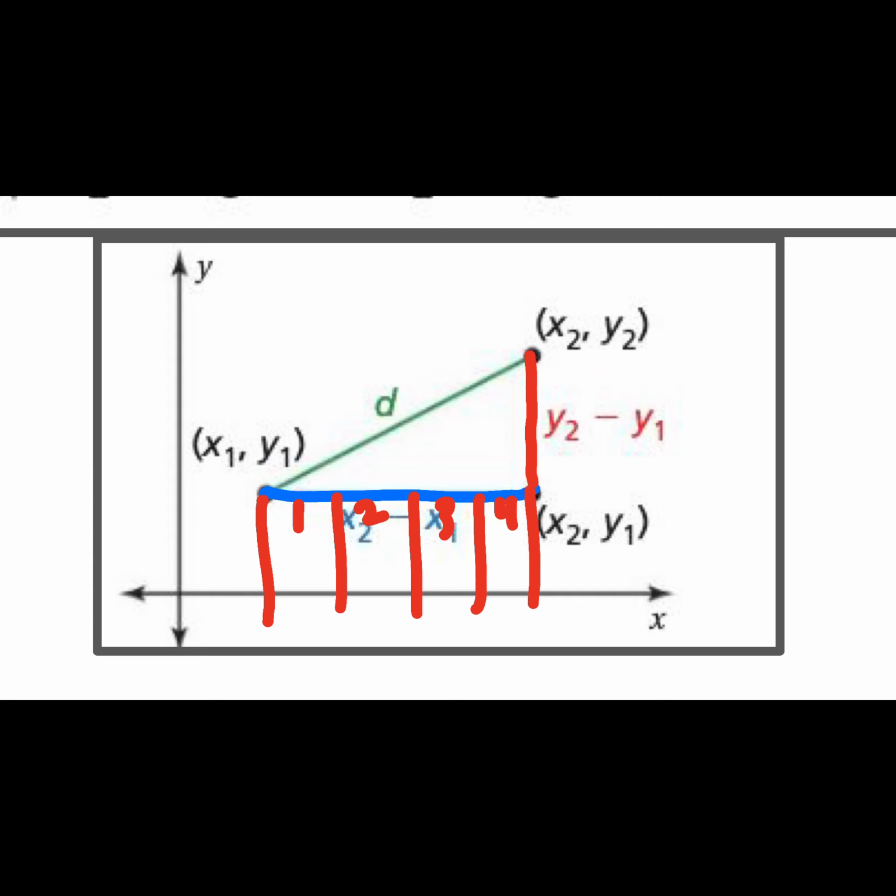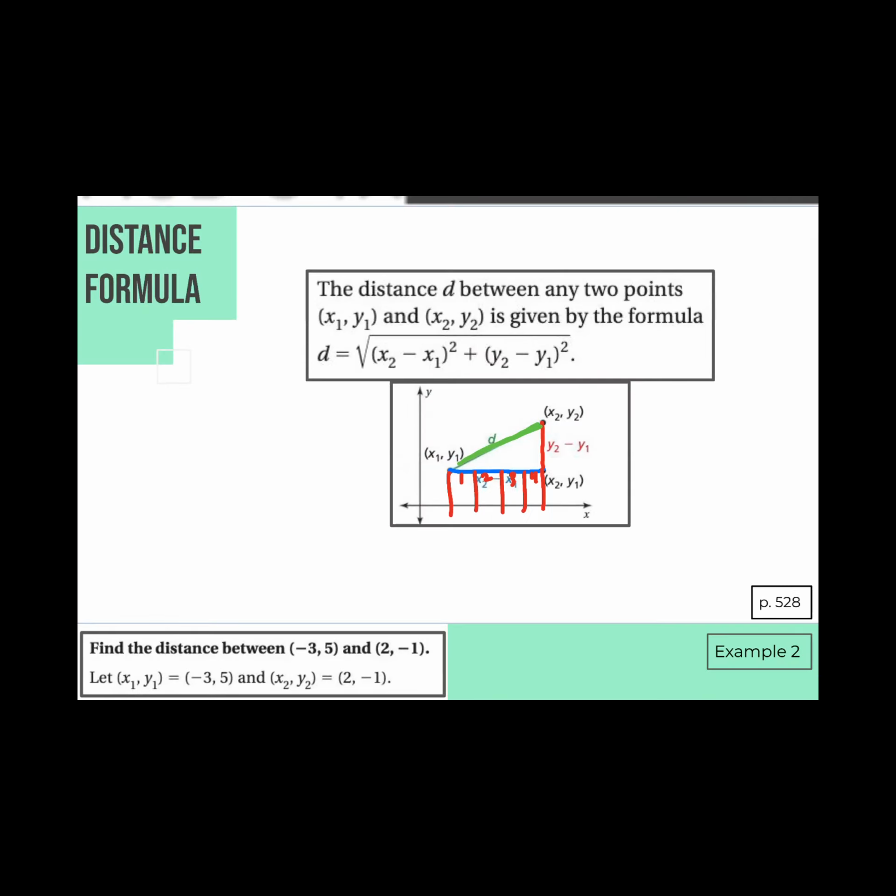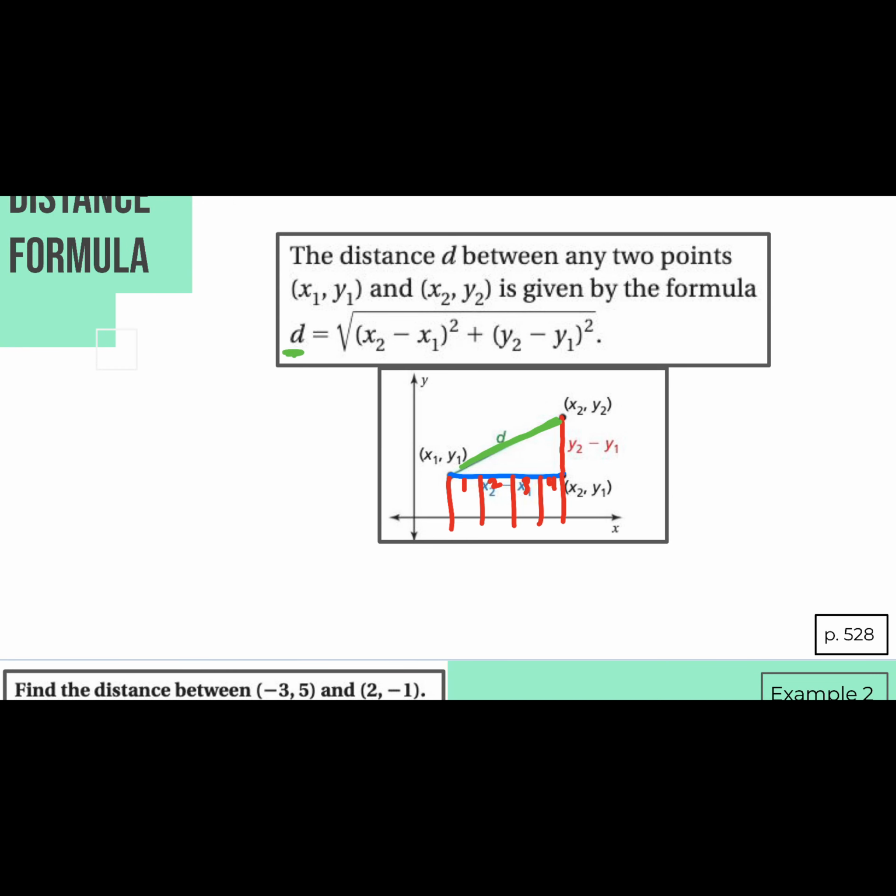Now when we have a diagonal line, that's where we start to have some issues, right? Because we can't just count boxes of that diagonal line, okay? So that is where the distance formula comes into play. Because with the distance formula, we can take these points, plug them into our formula, and it will tell us how long that side is.